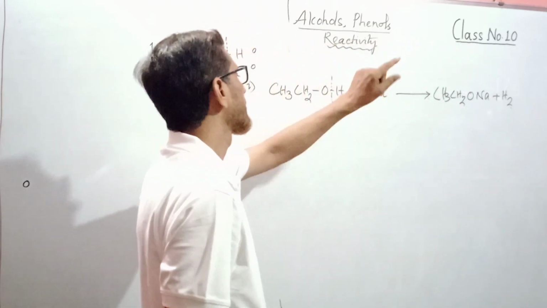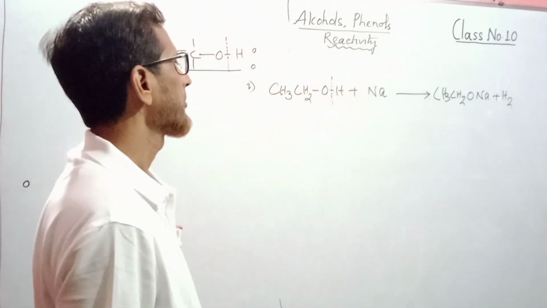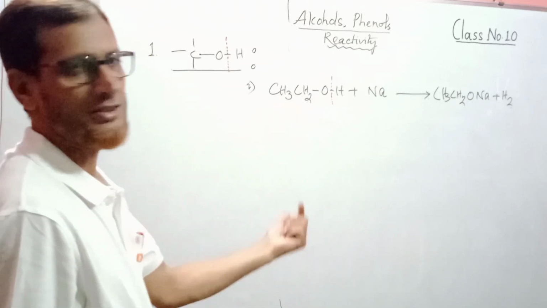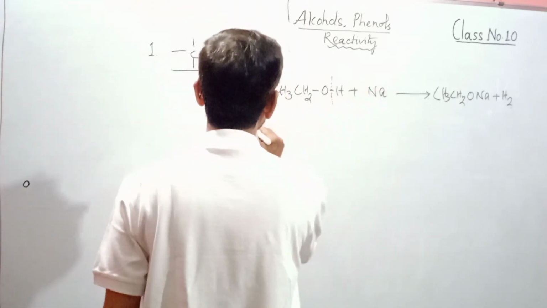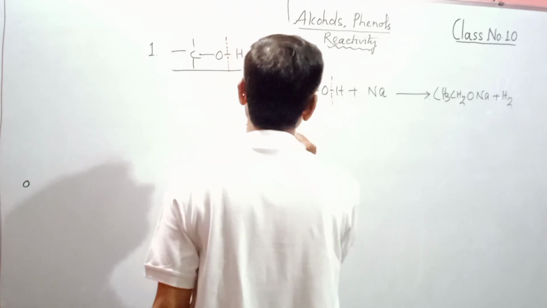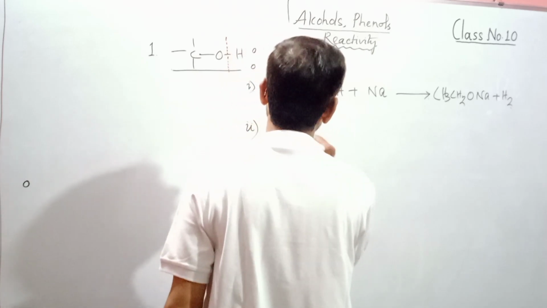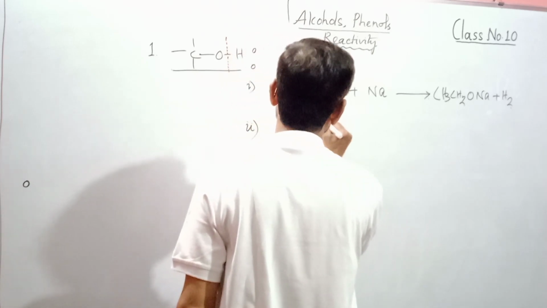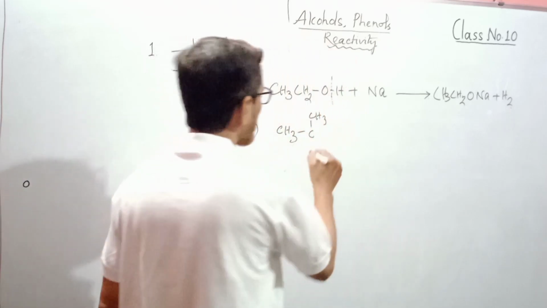Here the metal may be sodium, potassium, aluminium, etc. We will take simple 1 or 2 types of reaction which are important for you, for your class or for exam point of view.